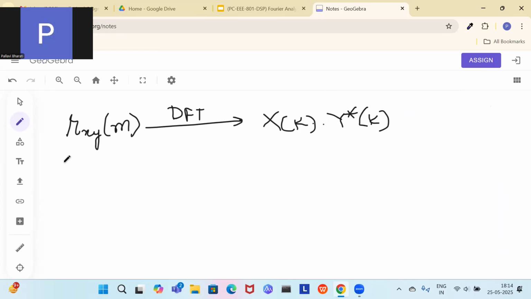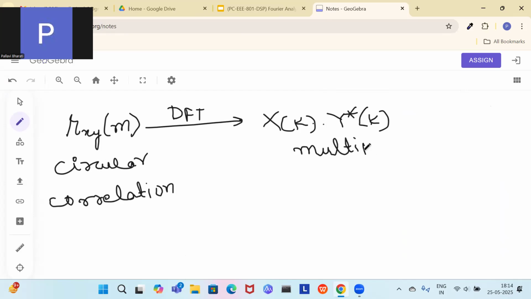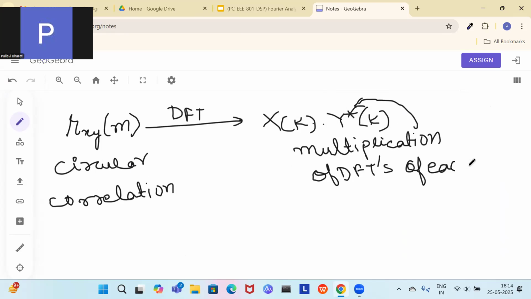So this is called circular correlation, and this is multiplication, but not the simple one. You have to notice the star: multiplication with conjugate. Multiplication of DFTs of each with one of them as conjugate.